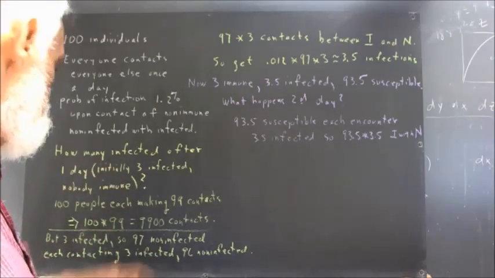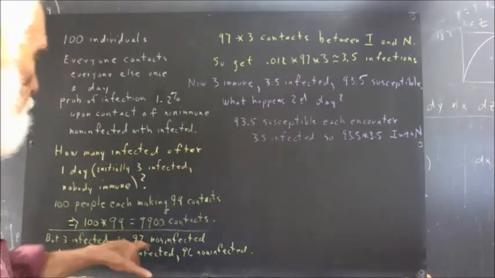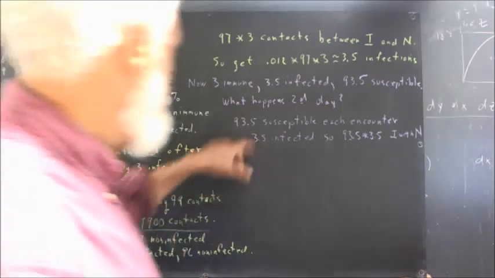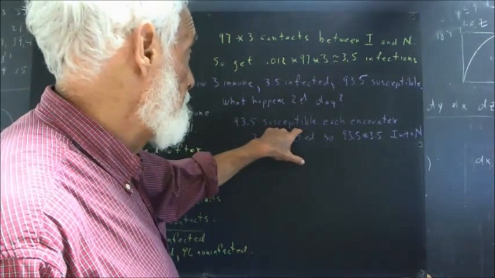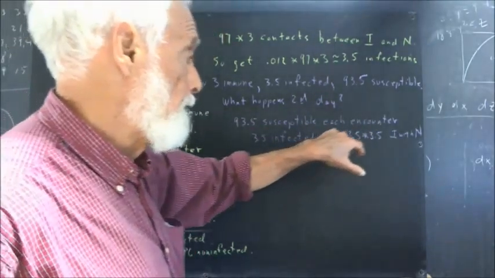between non-infected people or susceptible people in this case. Before, everybody who was non-infected was assumed to be susceptible. 93.5 susceptible people, each encountering 3.5 infected people.